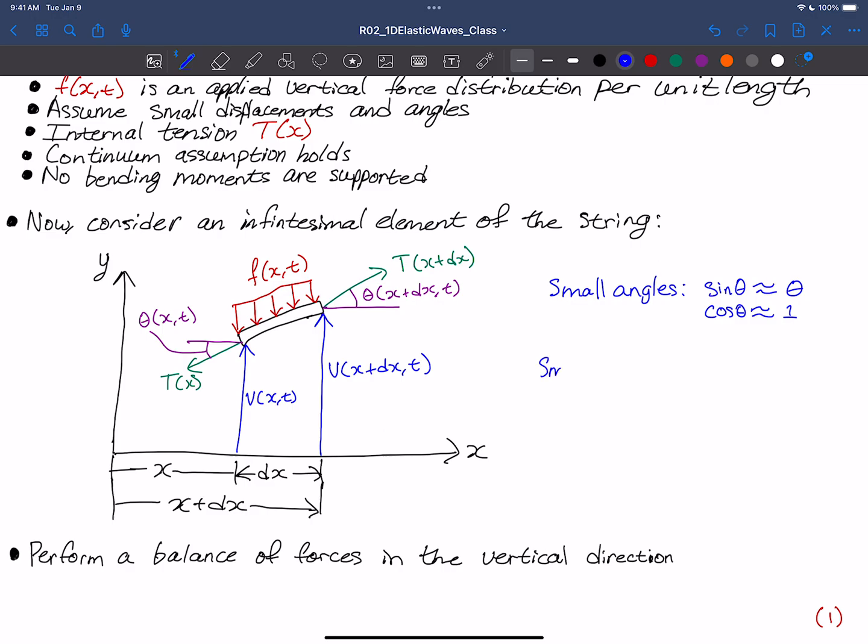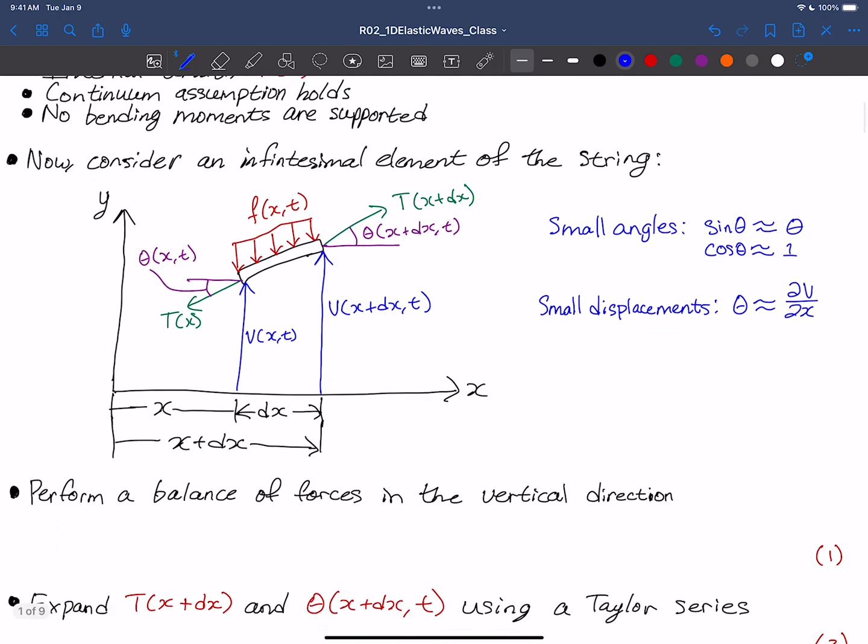And then small displacements tells us that theta is going to be approximately equal to the first partial derivative of v with respect to x. So that is the slope given by that displacement.